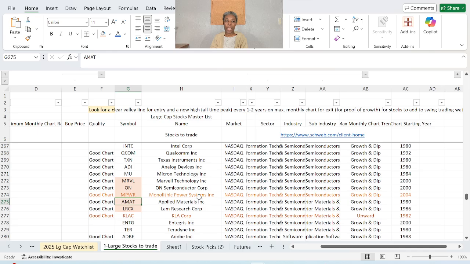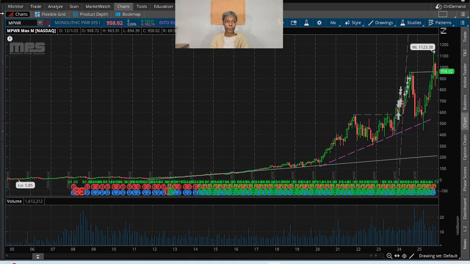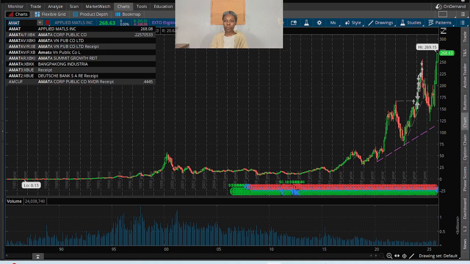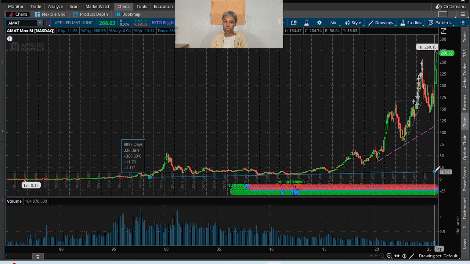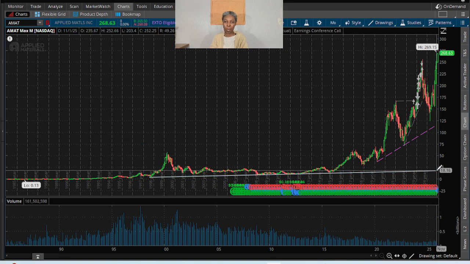The next one is AMAT. Let's see if we can trace some lines here. You want those valley lines to pass by the bottom of those V's that you can see, and we can continue tracing.